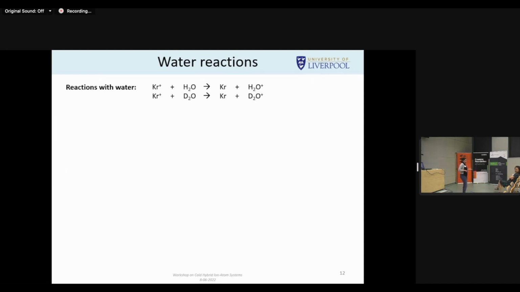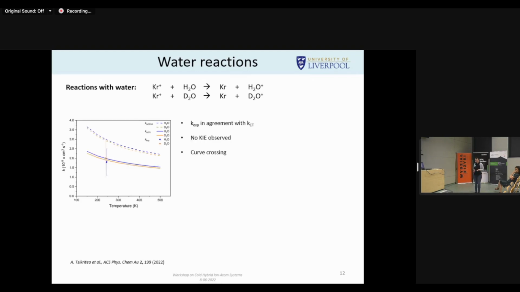We chose water, because from a capture theory perspective, it's a similar molecule to ammonia. It has a similar dipole moment and a similar polarizability. So we said, okay, let's try this molecule. Again, we use the fully hydrogenated and fully deuterated molecule. And the results are summarized here.